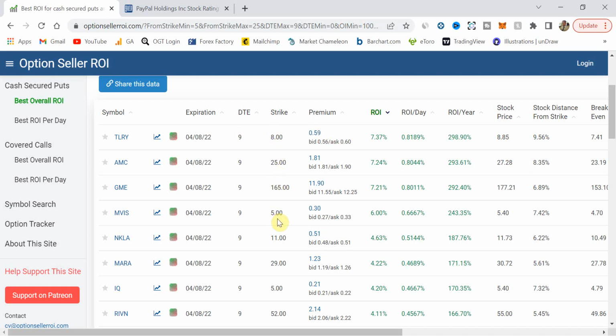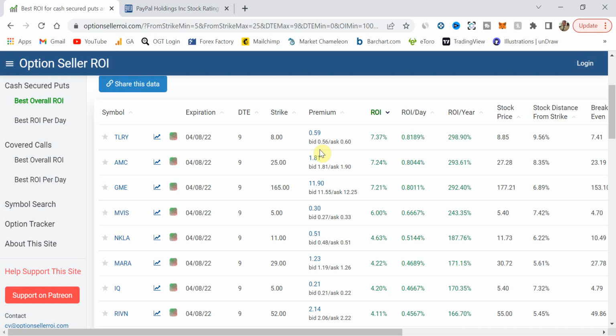So it's all about understanding what risk tolerance you're comfortable with, and then picking the strike, and then going into Tilray and doing a symbol search, and then looking at Tilray's option chain to see if a 4% return is good.